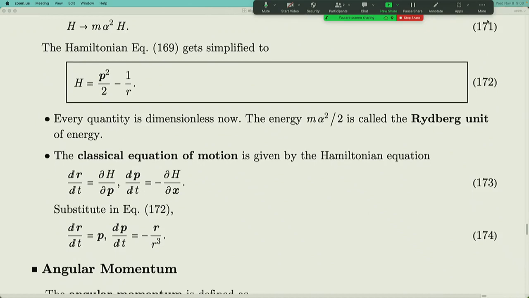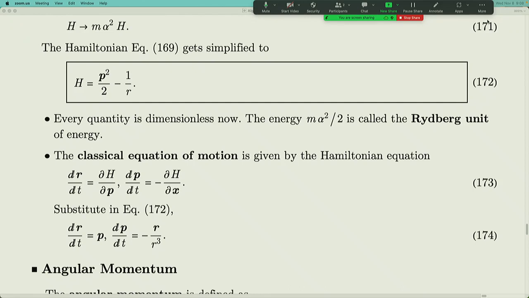So in the end, the Hamiltonian will be measured in terms of this energy unit. So this Hamiltonian is dimensionless now. But if you want to restore the energy, then the energy unit is basically something like m alpha squared.